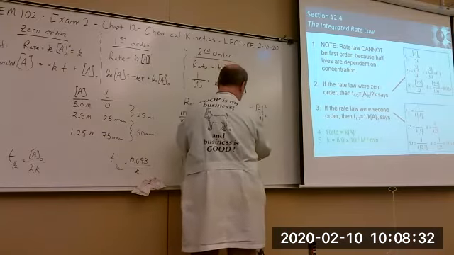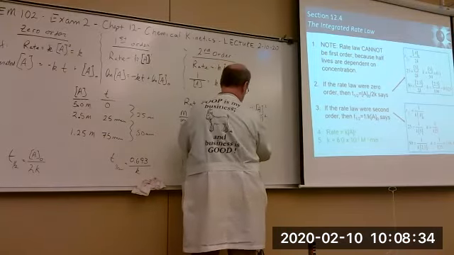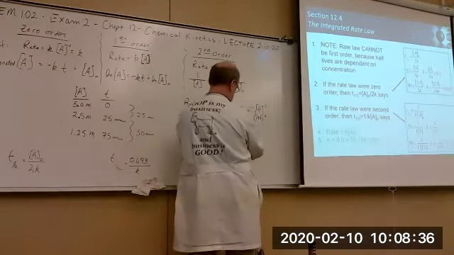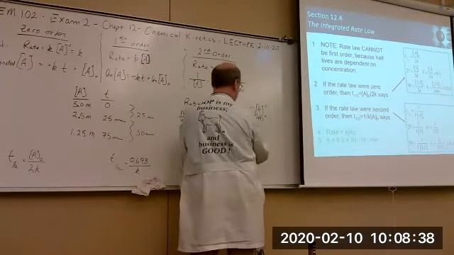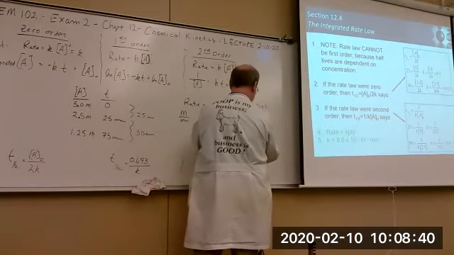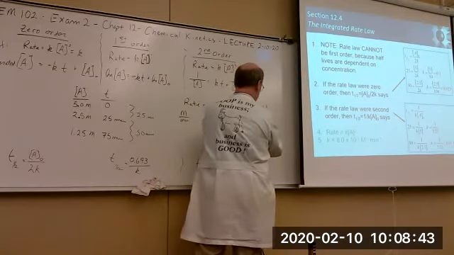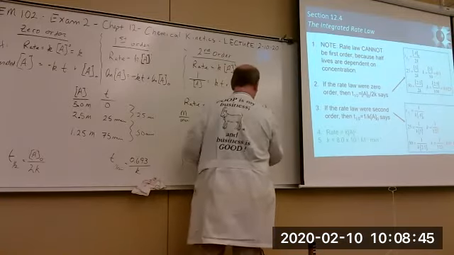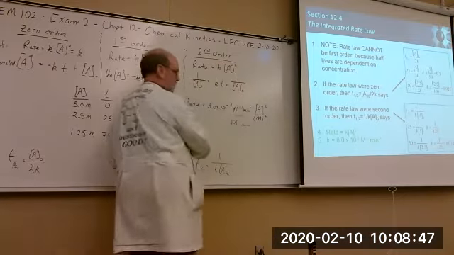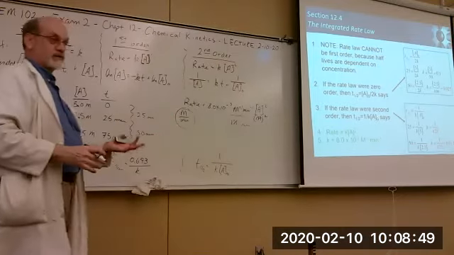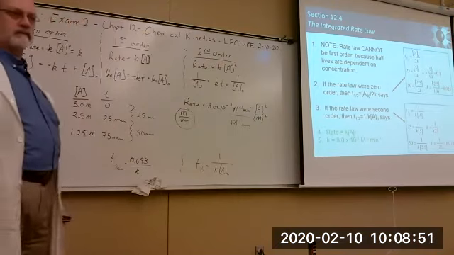Because this means it's in the denominator. Then one of these cancels and leaves us another one. So minutes is in the denominator, and molarity is in the numerator. So we've got the right units of measure. Just checking.